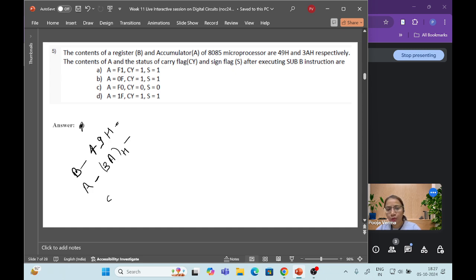Now we have to execute SUB B. That means the instruction subtracts the content of register B from the accumulator.